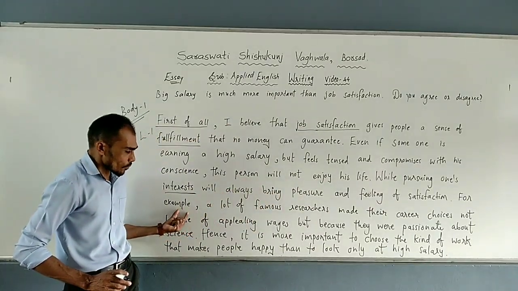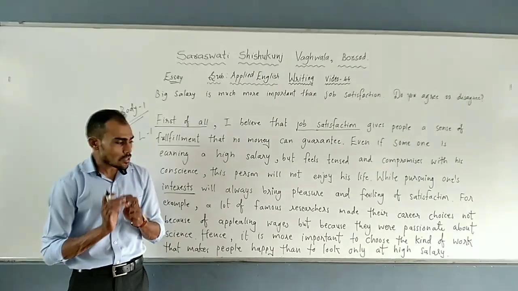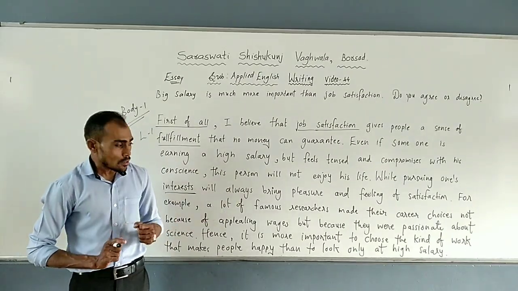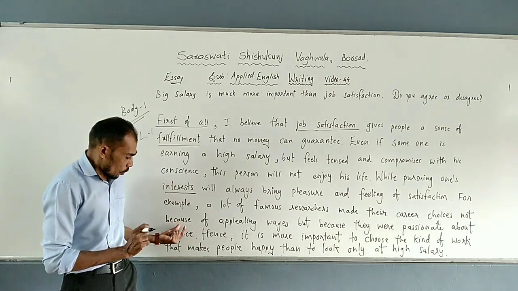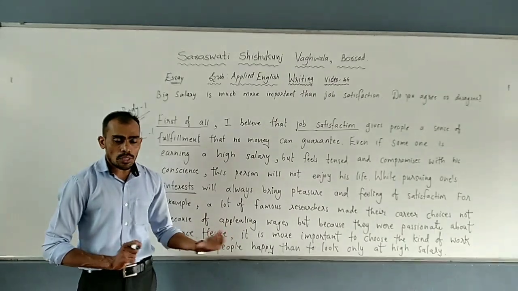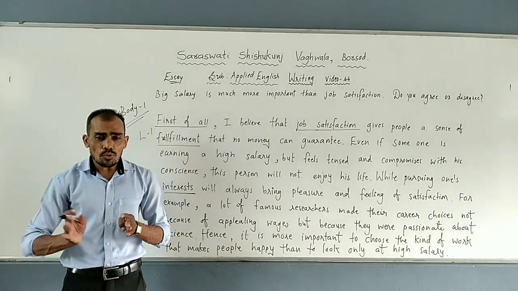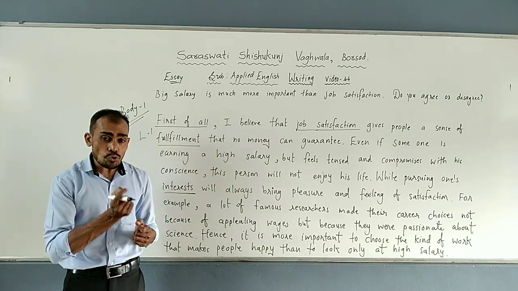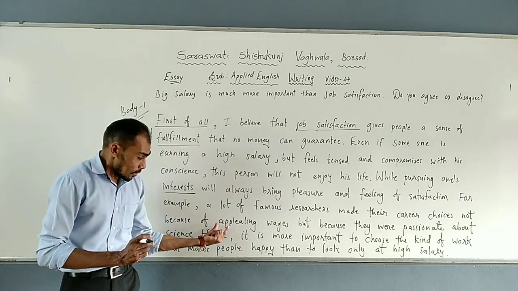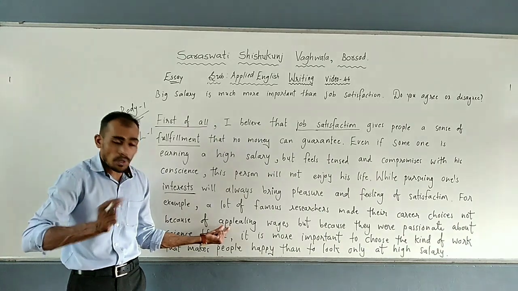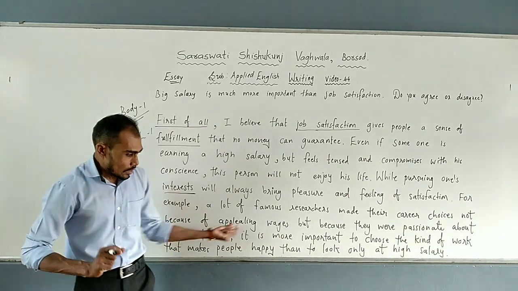For example, a lot of famous researchers made their career choice, but not because of appealing wages. Okay, there are a number of great people who choose their career not for wages but for satisfaction.